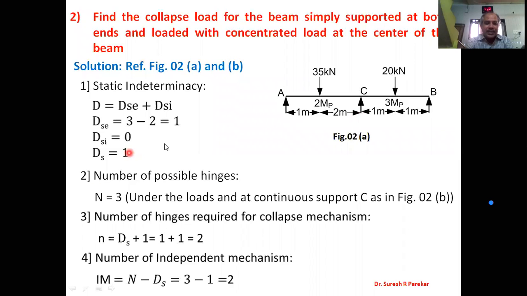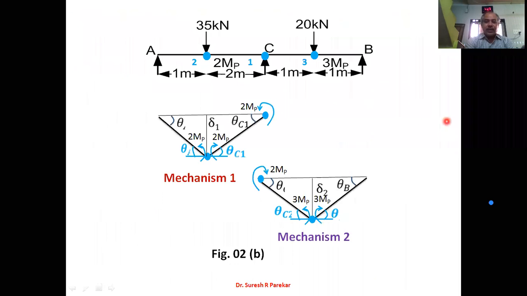Now the remaining part is the same, steps 1, 2, 3, 4. So we have two independent mechanisms, one for AC and another for CB. Now you can see here 2 MP for AC and for CB also we have 2 MP.